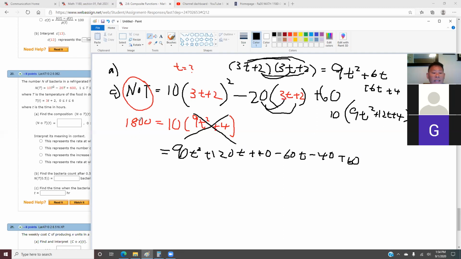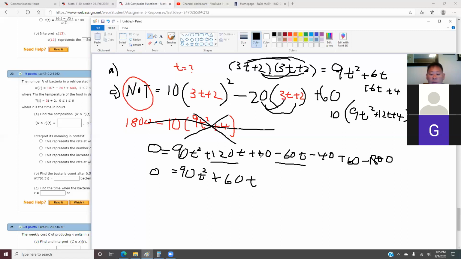And then this 1800, you have to make it equal to 0. So I have to move it to the other side, so it becomes negative 1800. This is where you have to use the quadratic equation to solve for t. So you still have a 90t squared. I'm going to combine like terms. 120t take away 60t is 60t.